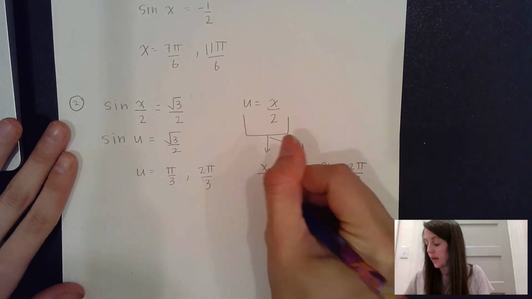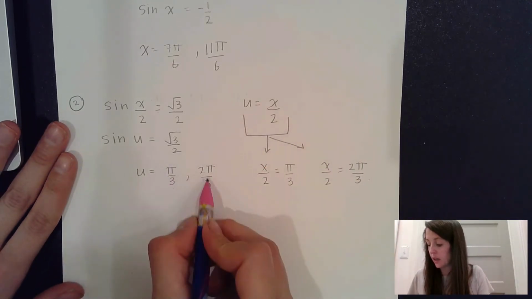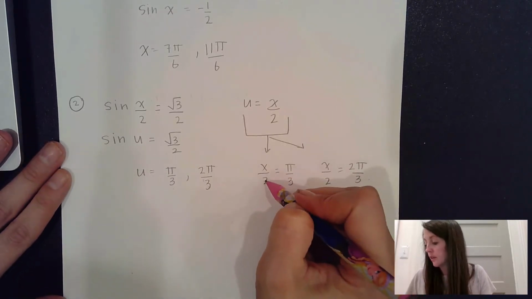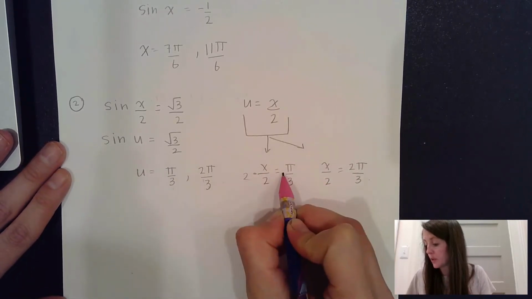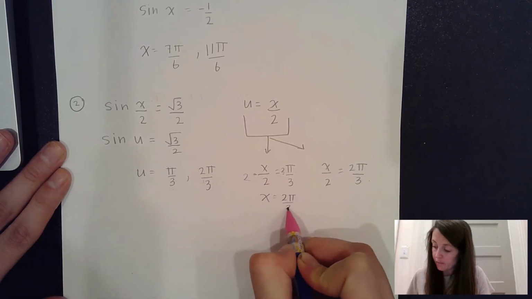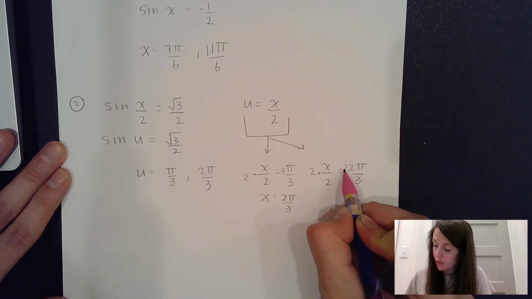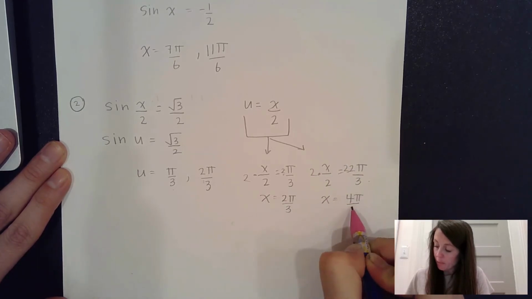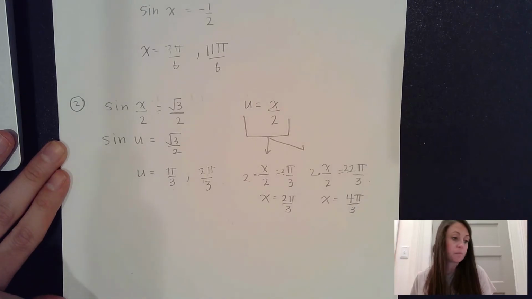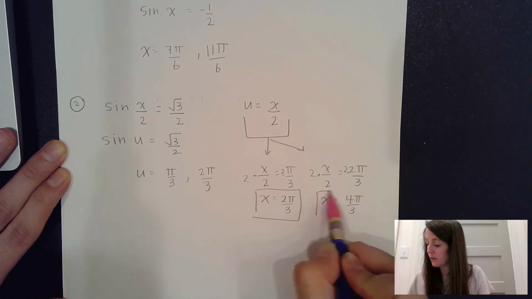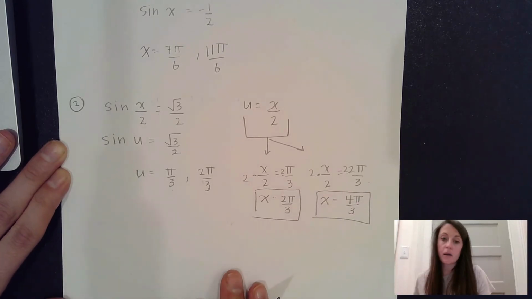So it has to be this angle, and it has to be this angle, but I need to take half of it before I can do anything. So if I multiply both sides by 2, for this one my x will be 2 pi over 3. Here I'm going to multiply by 2, and I'm going to have 4 pi divided by 3. So these are my two values: x will be equal to 2 pi over 3 and 4 pi over 3.